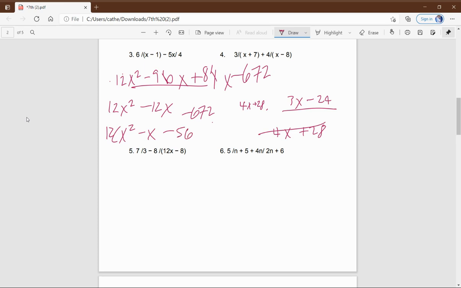Minus 56. 7, 8. So x plus 7, x minus 8. X equals negative 7 and 8 and 0.